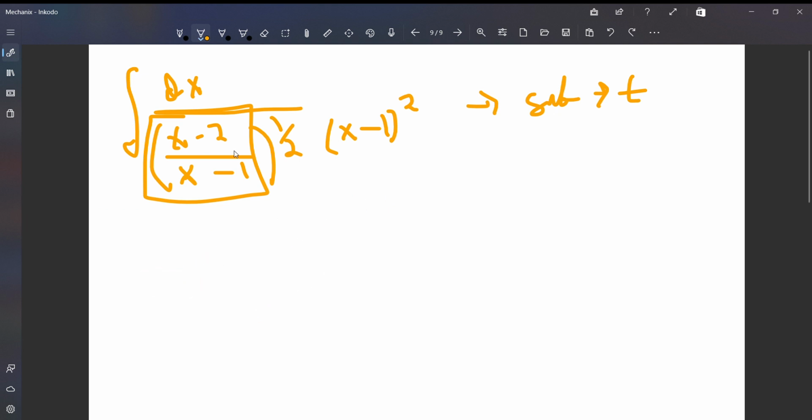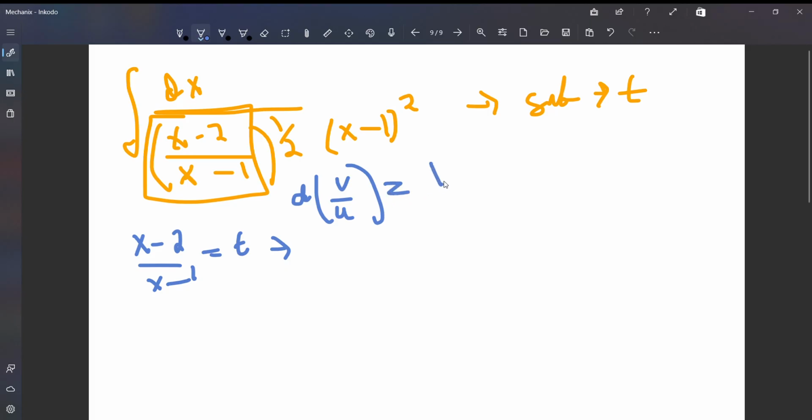So x minus 2 over x minus 1, dt. For the ones who don't know, derivative of v by u is equal to vu dash minus uv dash by v square.